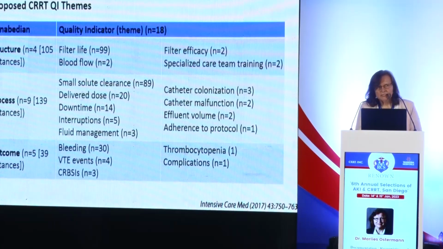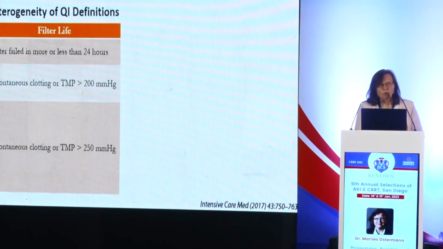And this exercise was very, very eye-opening, because first of all, it shows this large spectrum, and clearly you can't start and look at all of these indicators at the same time. But even if you pick one and say, okay, from now on, I will routinely look at filter life, and routinely look at complications, even then it's slightly difficult, because how do you actually define filter life and performance?